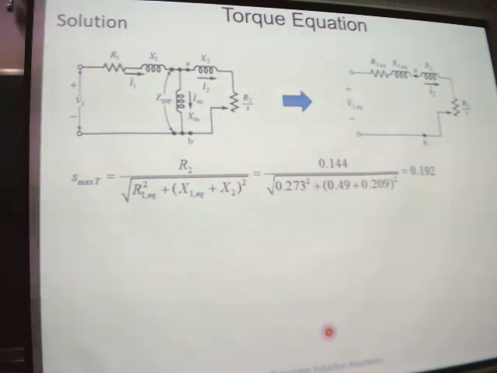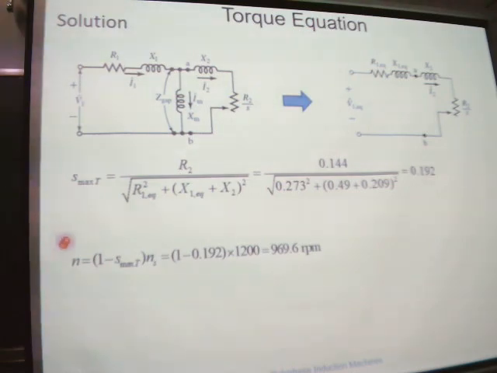And then we can calculate the slip at the maximum torque. Use this equation, 6.35.